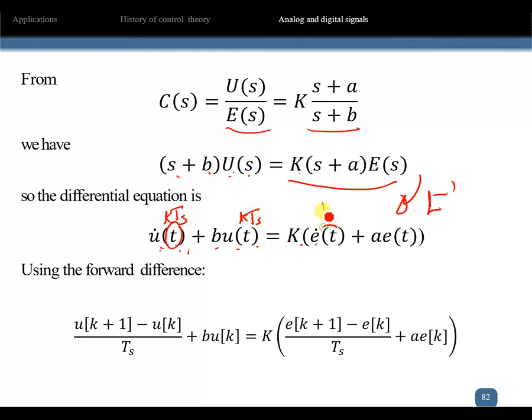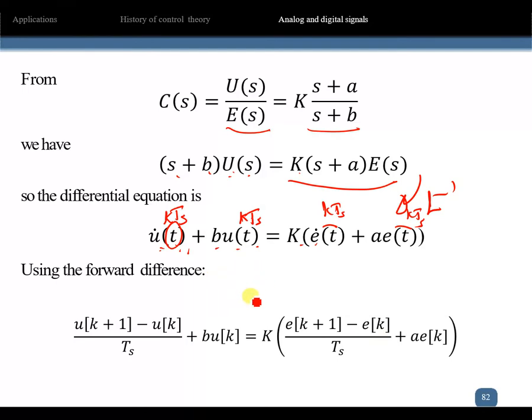Then, with the formula that you learned, u dot (kTs) in the forward becomes (u(k plus 1) minus u(k)) divided by Ts, plus b u(k). Here they set Ts as 1, or you can use Ts. And K (e(k plus 1) minus e(k)) divided by Ts, plus K a e(k).